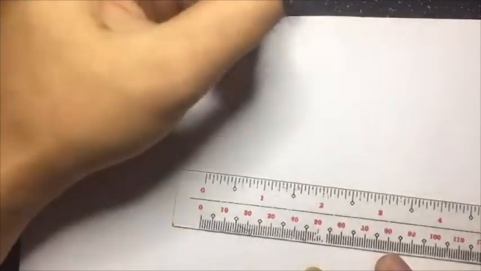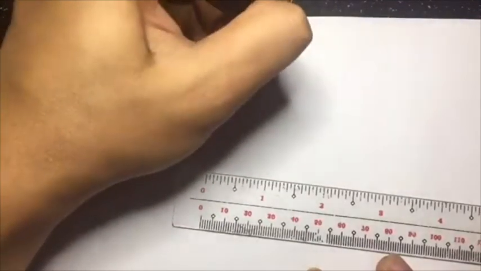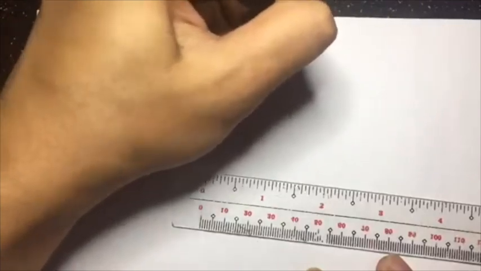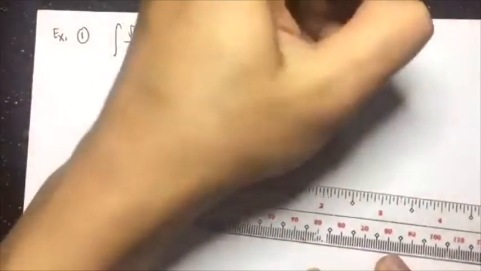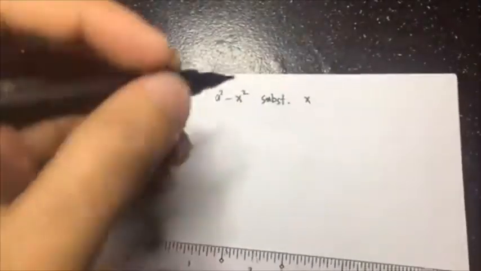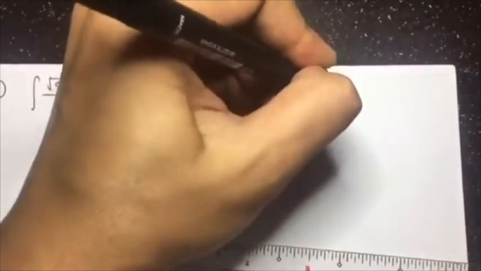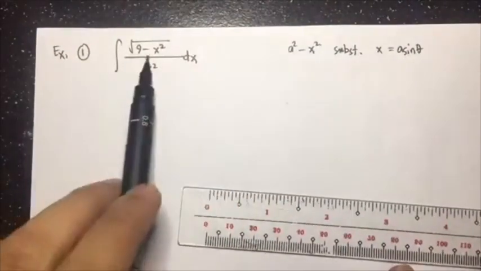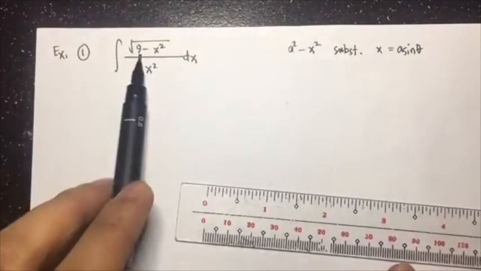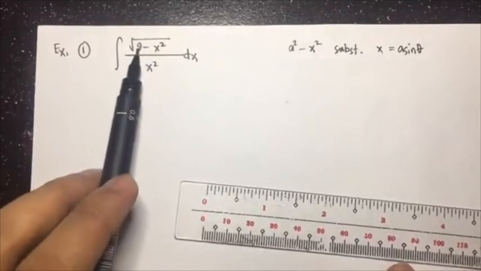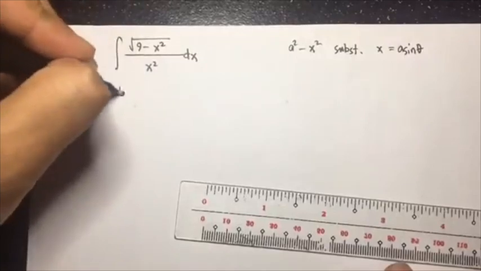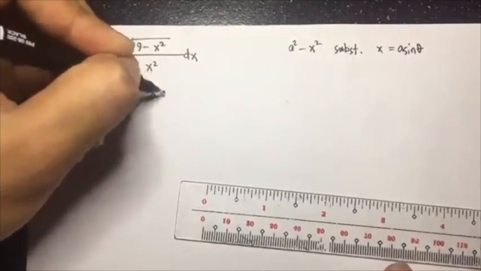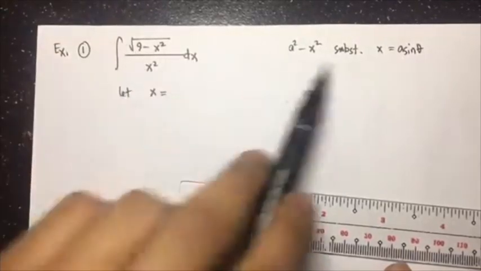Let's note that here. In this case, our a squared is 9, therefore our a is 3, and so let x is equal to 3 sine theta.